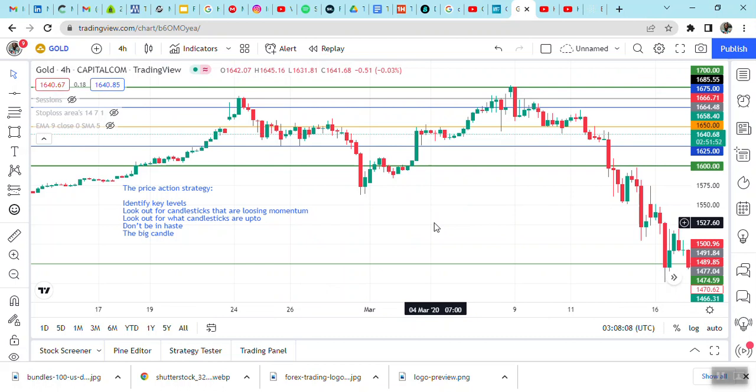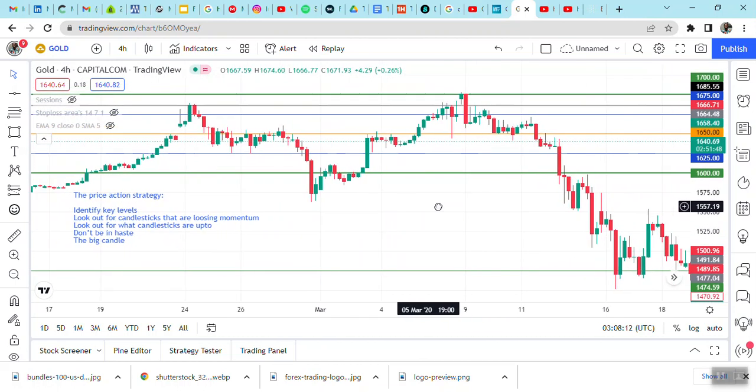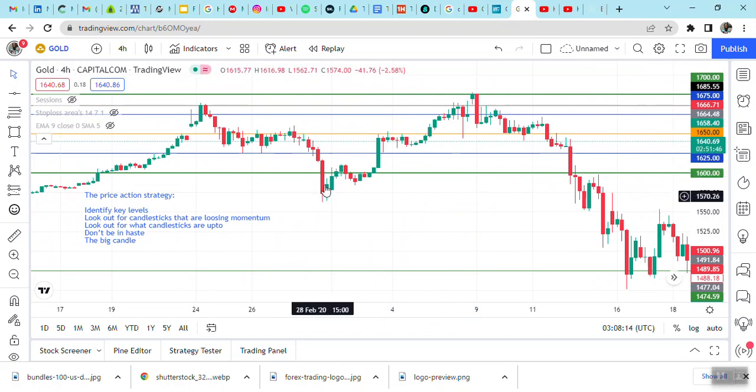And the fifth thing is the big candle. Each time you see a long candle piercing through a major key level or a psychological level, it gives you an insight that there is going to be a continuation of the trend. Let me say that again: if you spot a big and long candlestick that pierces through a major key level, it is an indication that the trend will continue.